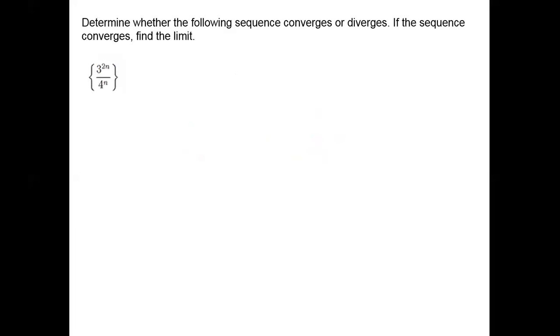Okay, another one. Let's check the limit at infinity of, I can write 4 to the n, and 3 to the power of 2 is 9, so 9 to the n. Either way, it's a good form.